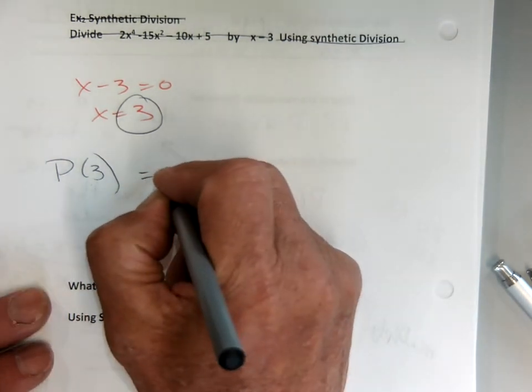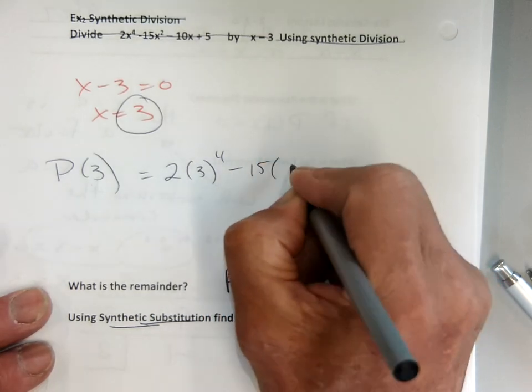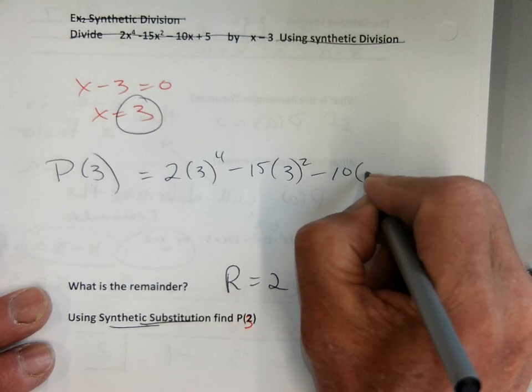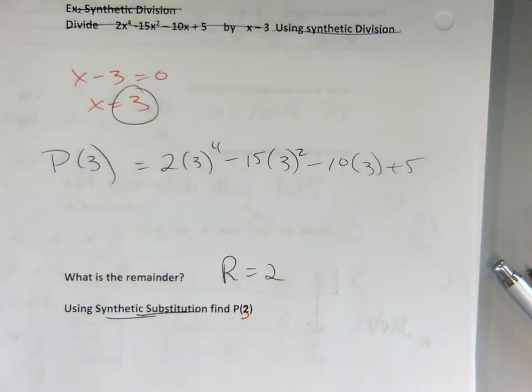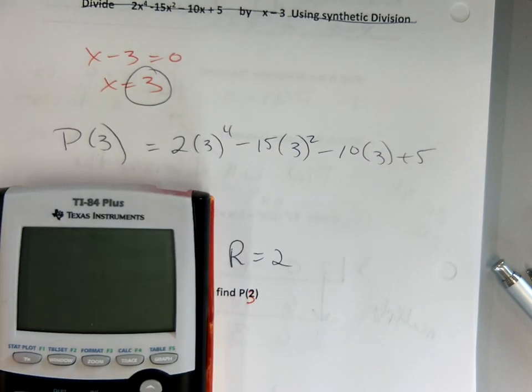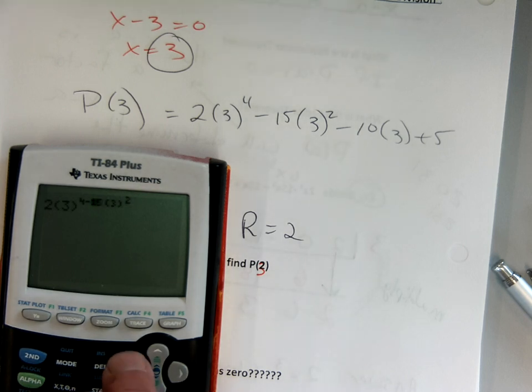So if I go my 2 times 3 to the 4th minus my 15 times 3 squared minus 10 times 3 plus 5. And Lauren, is this one you already did? You did? No, you didn't do this one, did you? I think so too. I tried to make it easy. Oh my goodness gracious, already making mistakes.